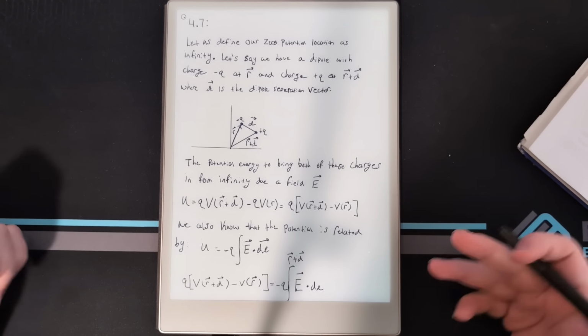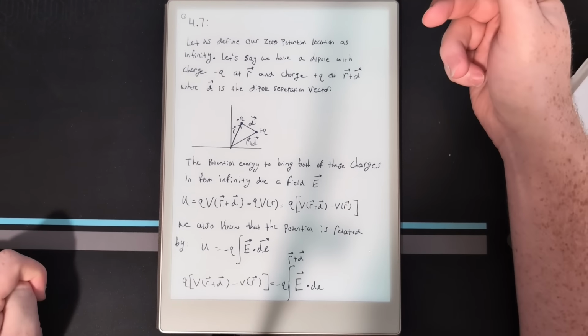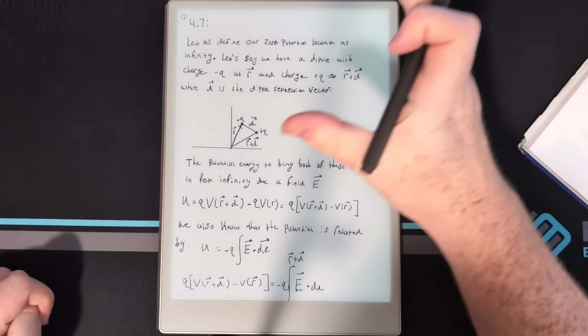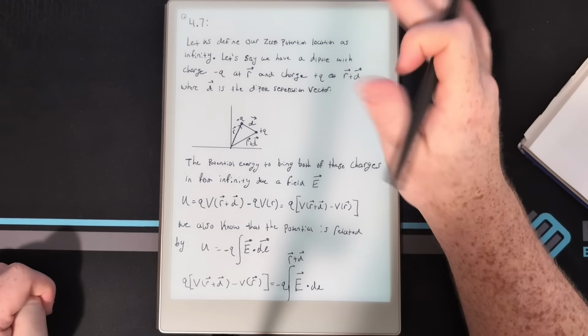If we have a conservative vector field, then the path integral is path independent. So our integral of E dot dl really just depends on the value of the function at the two endpoints.